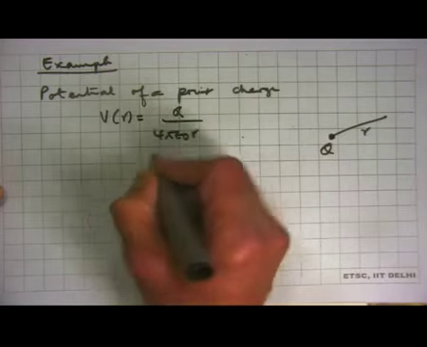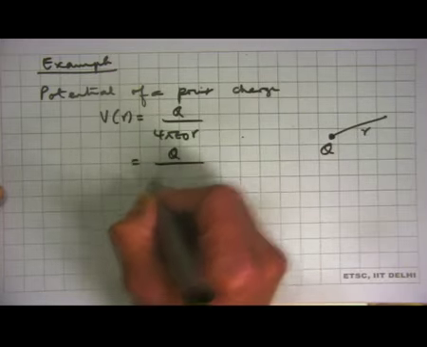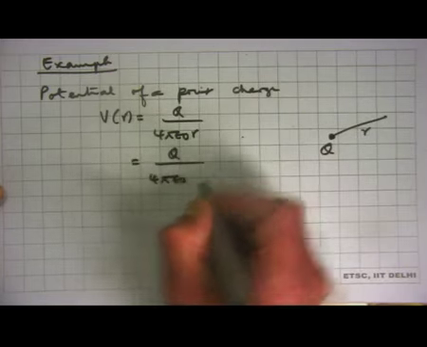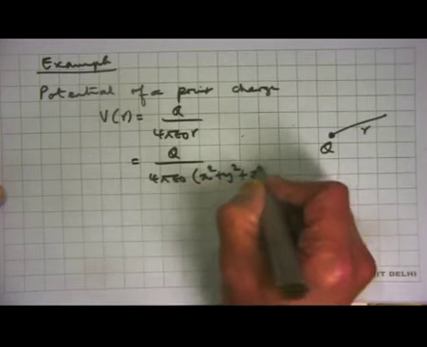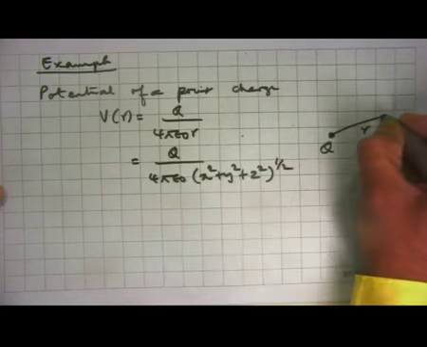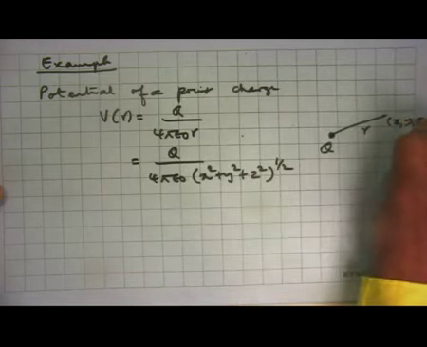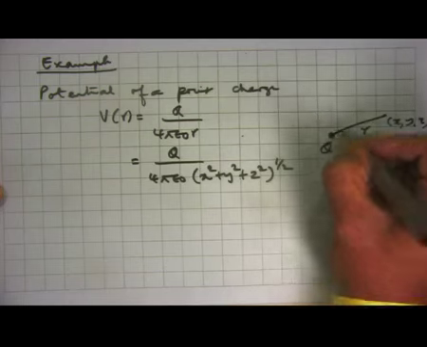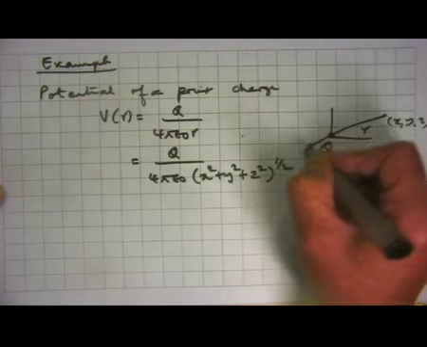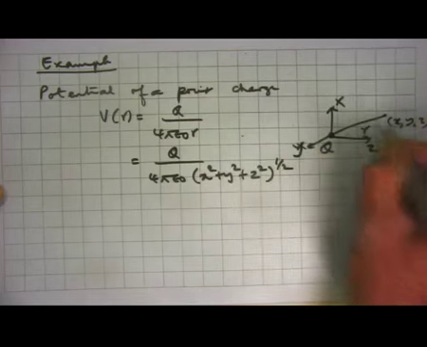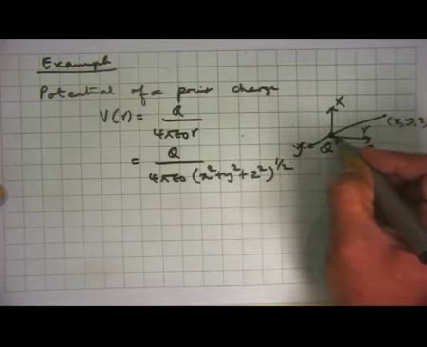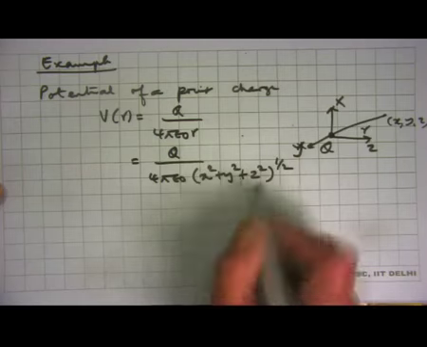In terms of coordinates, I can write this as q by 4 pi epsilon 0 times x square plus y square plus z square raised to the power half, since this point has coordinates x, y, z, and this is the origin. The distance small r from the origin is the square root of x square plus y square plus z square.